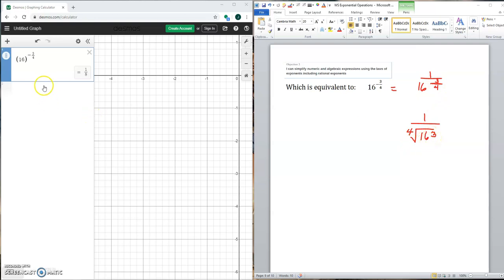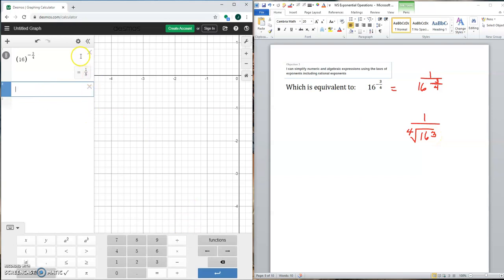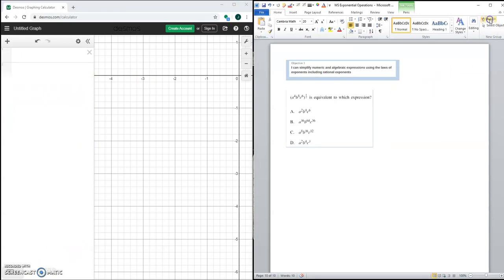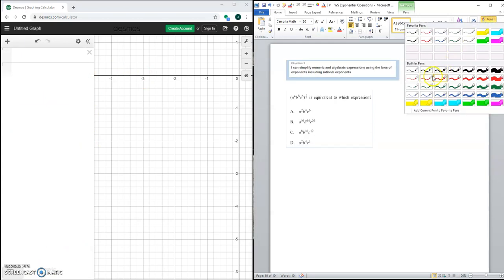If you plug this in on decimals, you're going to get the same exact answer as 1 out of 8. Once again, to turn this decimal into a fraction, you click on the side and it will give you the same exact fraction. So last and final example for objective 3.